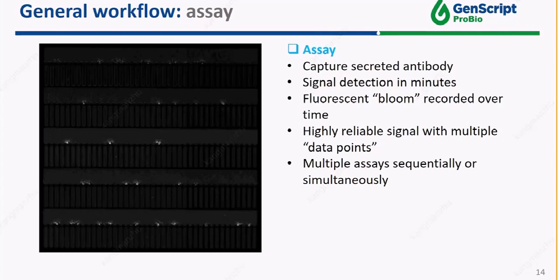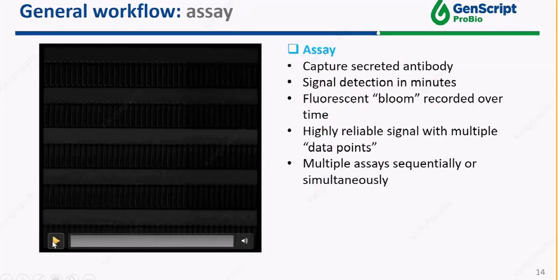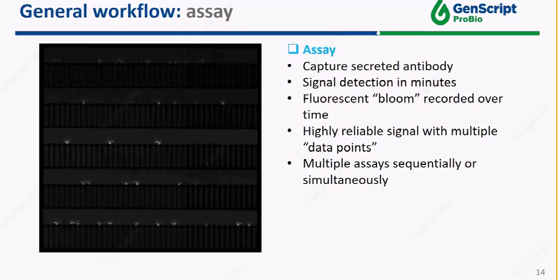And you can see that the signal is being recorded over time, so it's not just an endpoint measurement, but a time-resolved measurement. As the antibody is secreted and accumulates at the opening of each pen, you can observe what we call the fluorescent bloom.